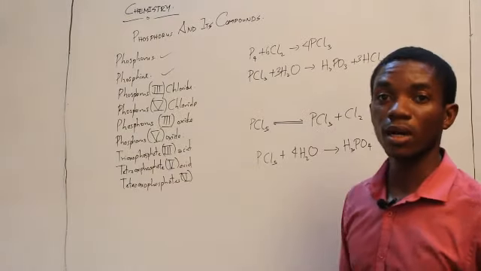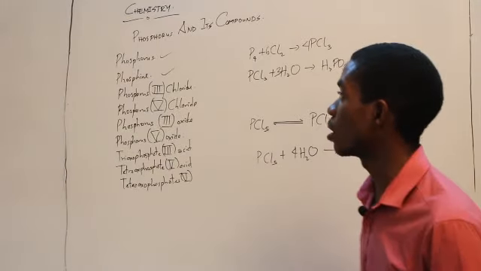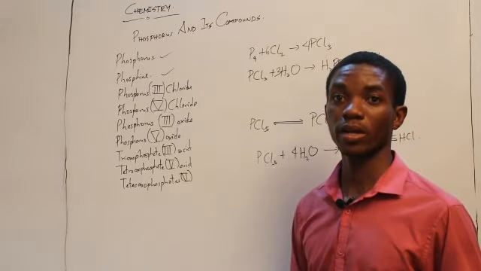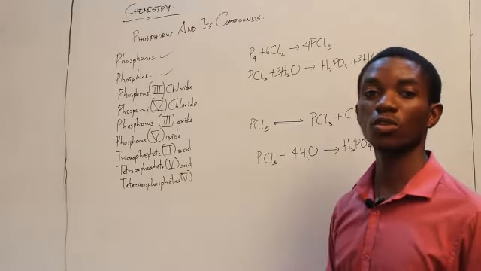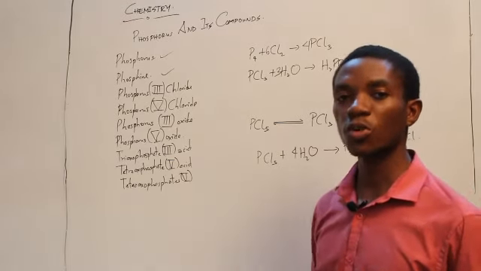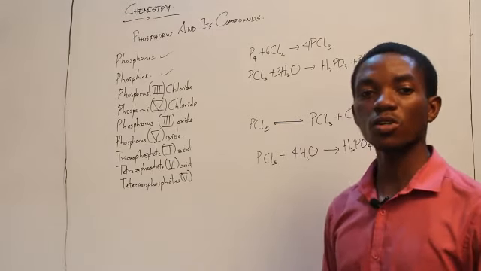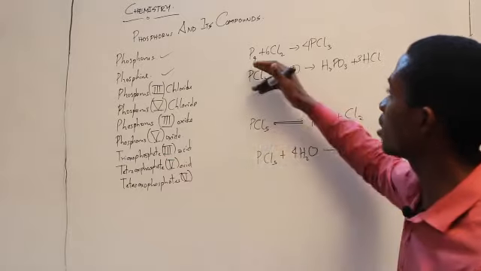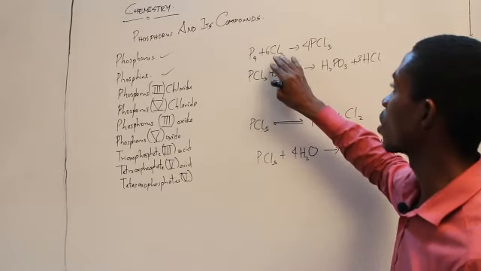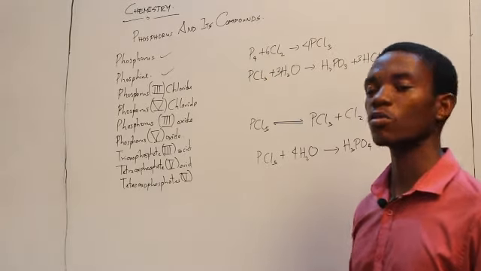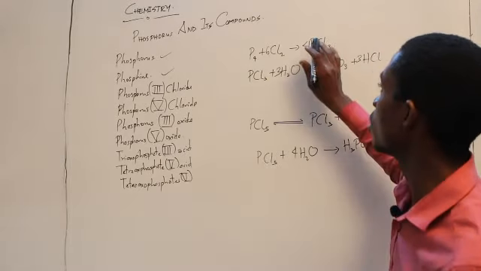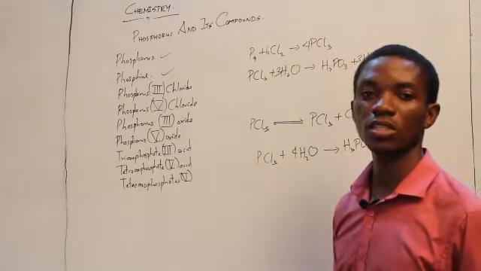Alright, welcome back. So let's discuss the phosphorus 3 chloride. Phosphorus 3 chloride is produced by bombarding phosphorus with chlorine. Of course, when you have about 6 molecules of chlorine, it will produce phosphorus 3 chloride.